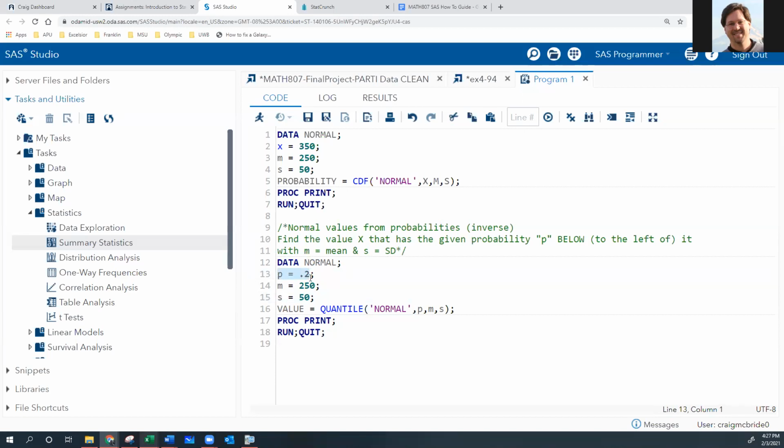So you're basically saying, find me an X value such that 20% of the data is to the left, right? It's the inverse of the CDF, and the CDF gives you area to the left, so the quantile function works with area to the left. If you know how much area you want to be to the left of you, and you know the mean and the standard deviation, then I can tell you the X value that gives you that amount of area.